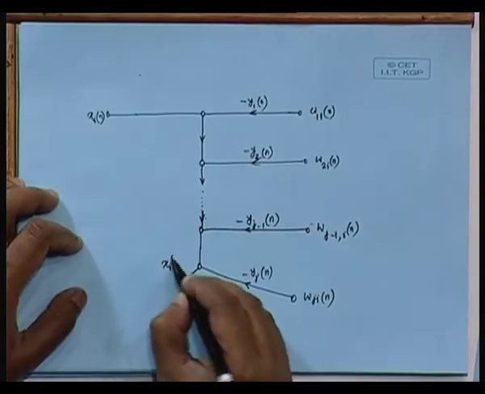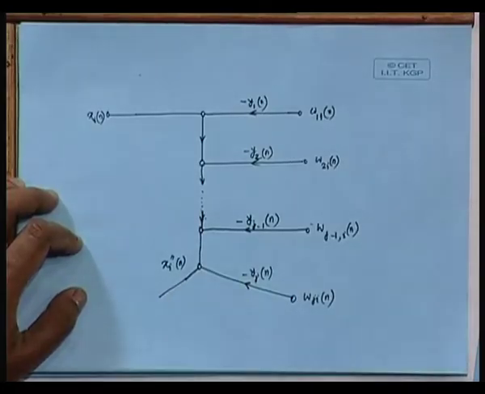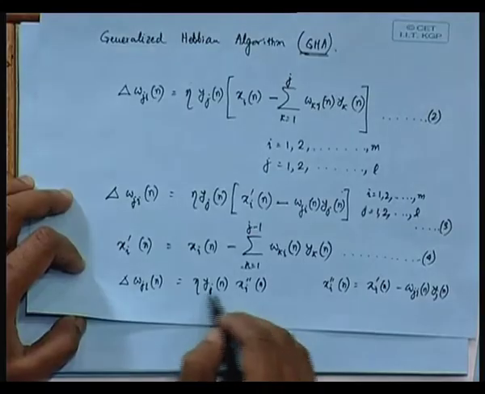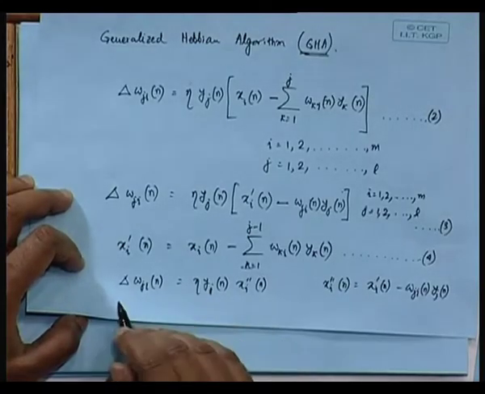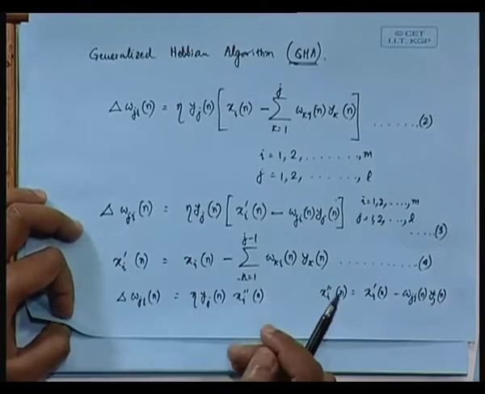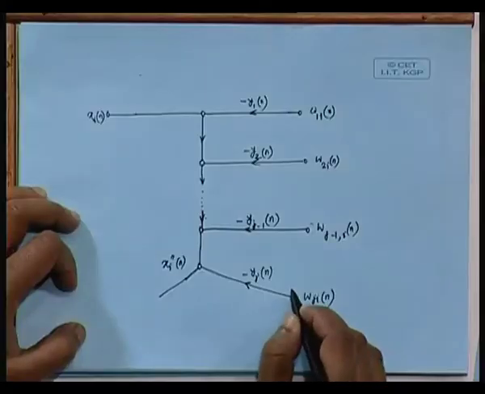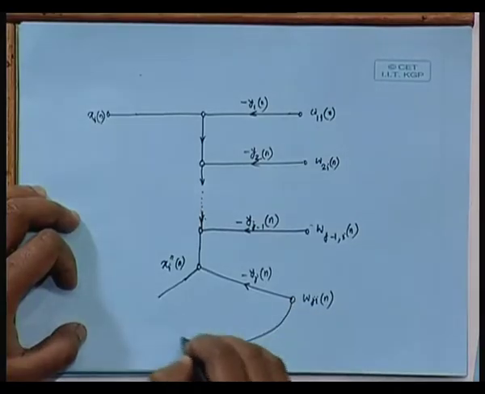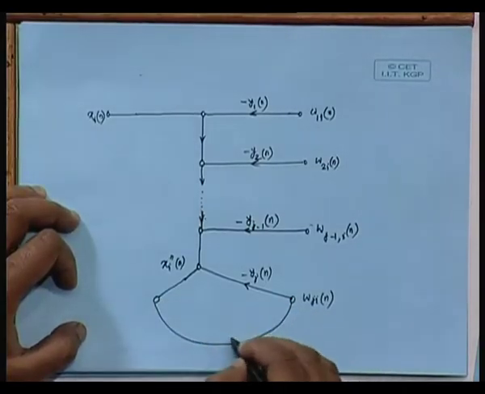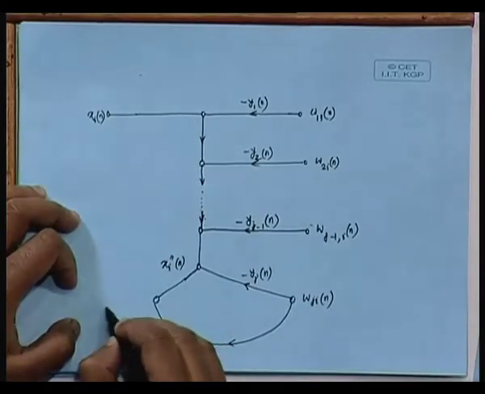X i double prime n. And then we can see that x i double prime n, if we multiply by eta y j, should lead to delta w j i n. And what is delta w j i n? Delta w j i n is nothing but w j i n plus 1 minus w j i n. Now, we already have w j i n over here. So from this we take this as the connection.